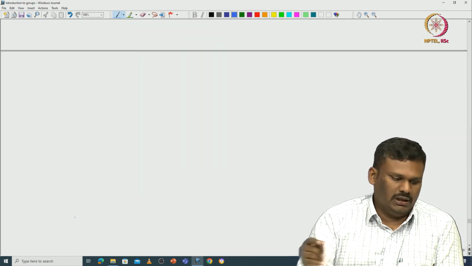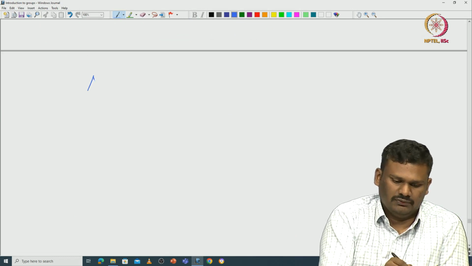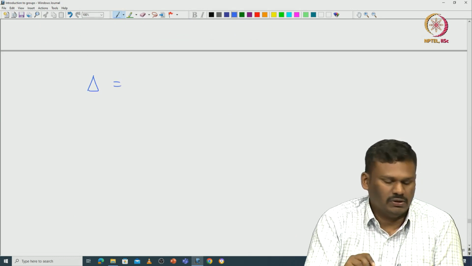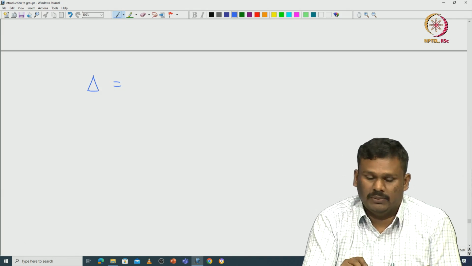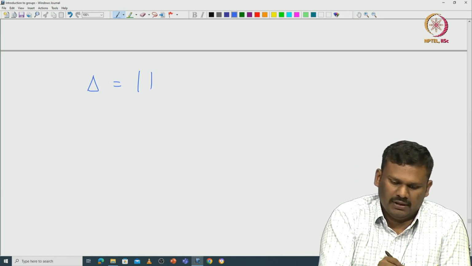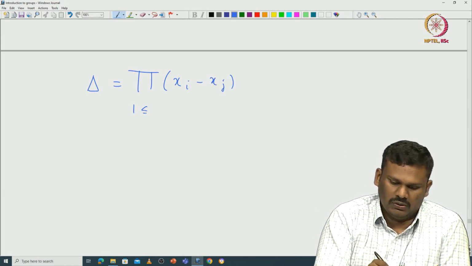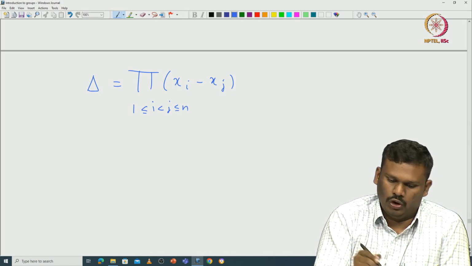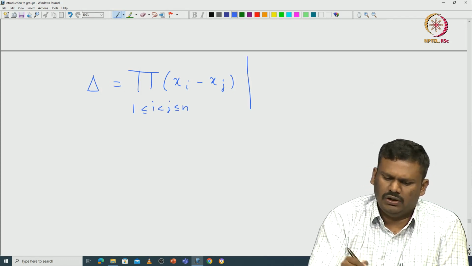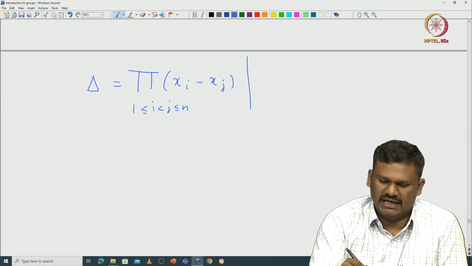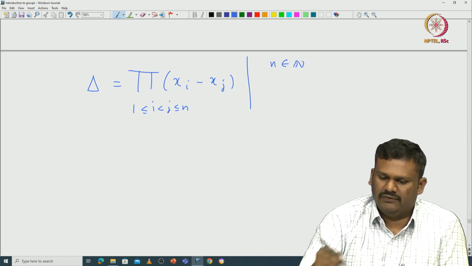Now we are going to see an alternative definition using some polynomials. For that, we introduce this notation called delta. It is a multivariate polynomial, given by the product of the monomials x_i minus x_j, where i < j, from 1 to n. This n is fixed, a natural number.